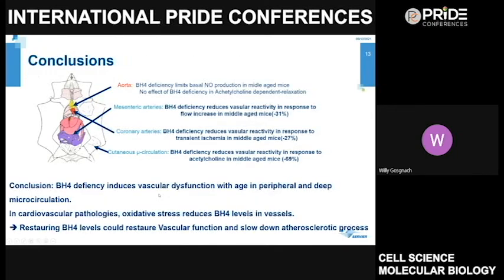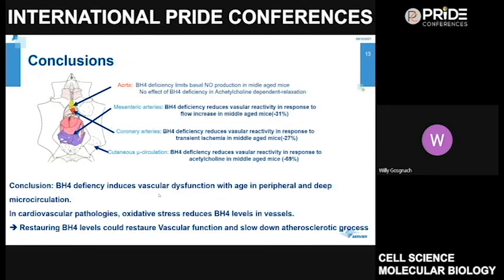The conclusion of this study is that in the aorta, which is the only conductance vessel that was tested, the BH4 deficiency is able to limit the basal nitric oxide production in the middle-aged animal, but it has no effect when the nitric oxide is stimulated to induce a vasodilation.